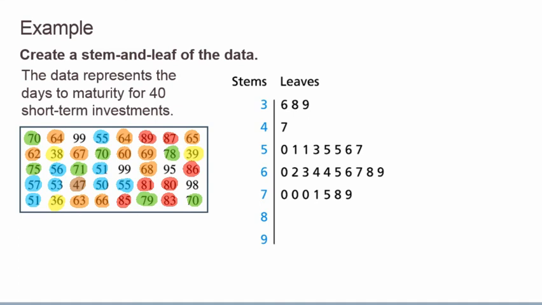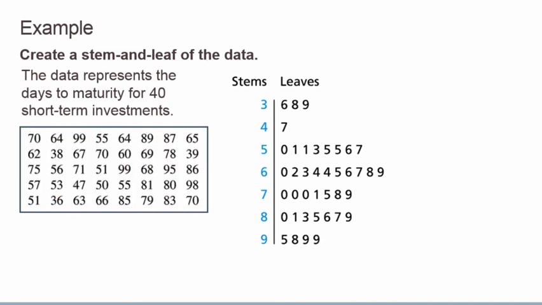Putting those in numerical order, I have 0, 1, 3, 5, 6, 7, 9. Now I'm ready for my 90s. I have 99, 99, 95, and 98. In numerical order, that gives us 5, 8, 9, 9.